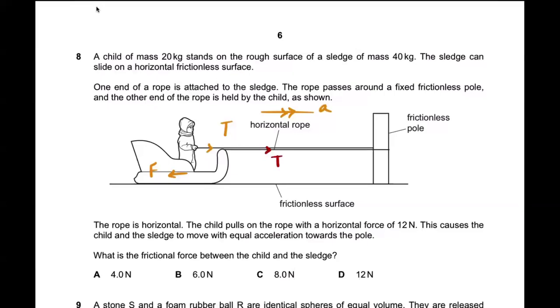right? So now what we do is we write out Newton's second law for both of these. First, we do it for the child. So we would say T minus F equals ma, m being the mass of the child. If I want to write it in terms of the things that we have, tension is 12, F is what we want to find out, and the mass of the child is 20, and this is 8.